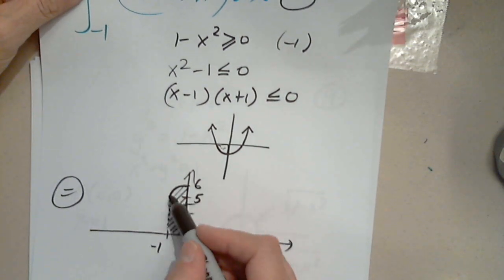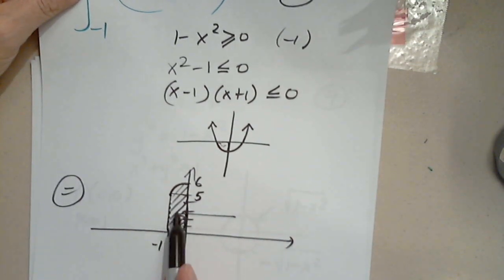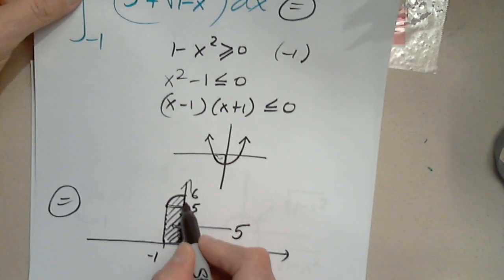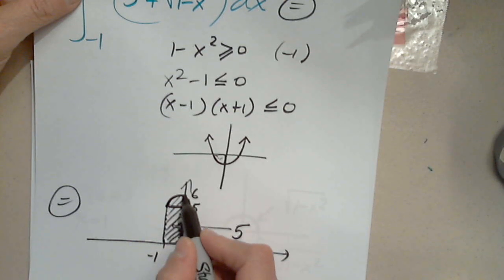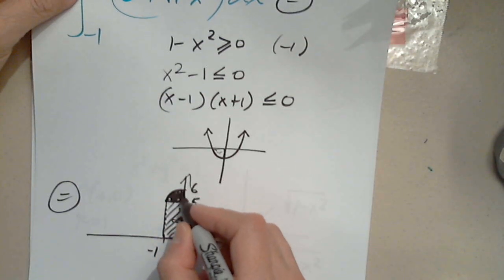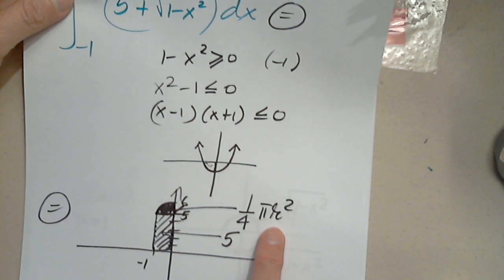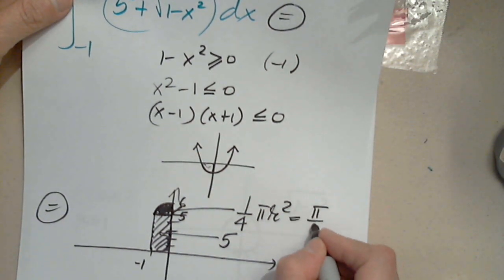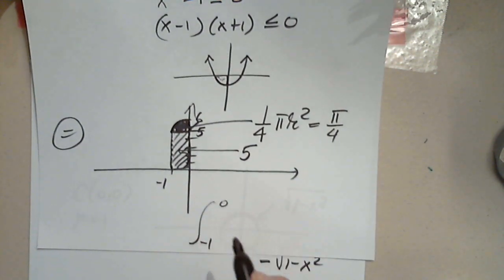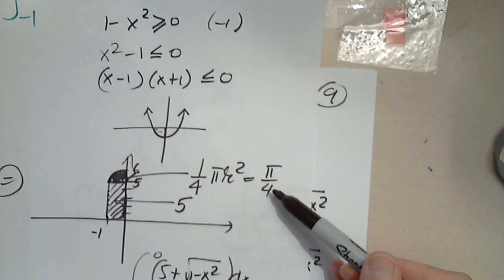So I have this piece, which is a rectangle 1 by 5, base times height, this is 5, and this is the area of a quarter of a circle with a radius of 1. So just this piece is 1/4 of pi r squared, where r is 1. So that is pi over 4. So finally the answer to the integral from -1 to 0 of 5 plus the square root of 1 minus x squared dx is pi over 4 plus 5.